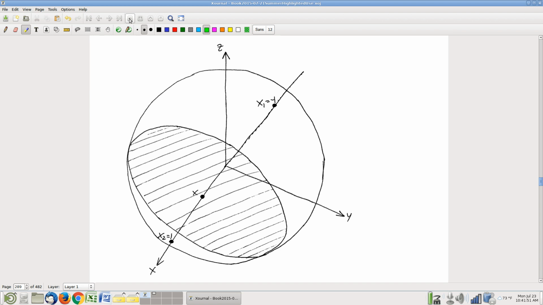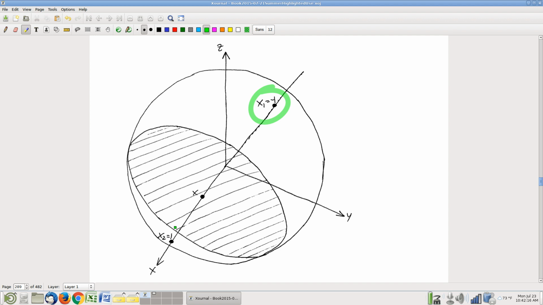Okay, so here's what our slicing process looks like in the x direction. As you're going in the x direction, slices are going to be kind of like that. The first slice is going to happen way back at the back of the sphere. This is a unit sphere, so that's clearly going to be x equals negative 1. The last slice is going to happen at the very front of the sphere.